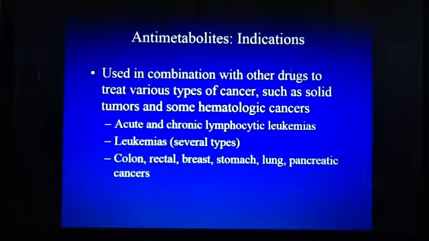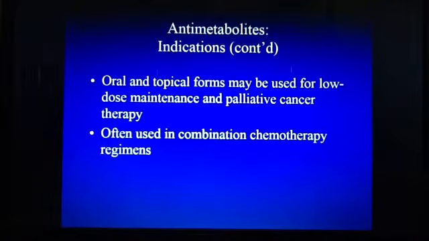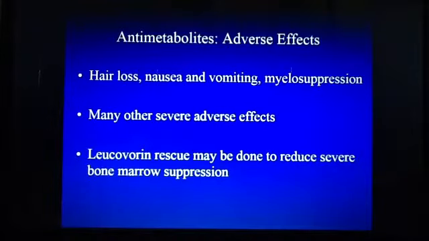They are oral and topical forms, and can be used in low maintenance and for palliative cancer therapy, and are often used in combination therapy regimens. Adverse effects: hair loss, nausea and vomiting, myelosuppression. These are generally seen. And remember here that leucovorin is a rescue that can be used to reduce severe bone marrow suppression. So we can think of the leucovorin as a rescue.